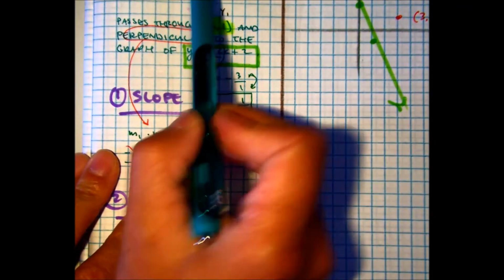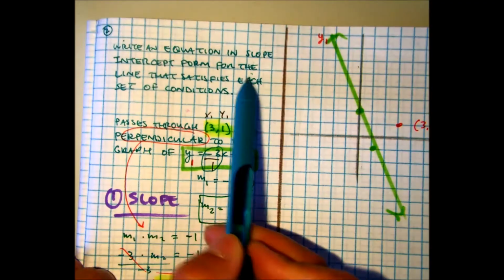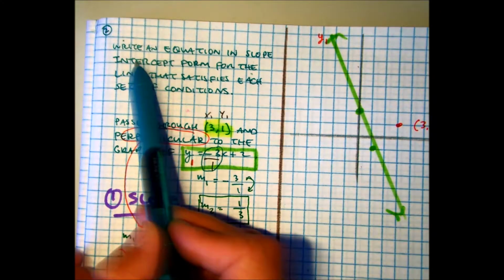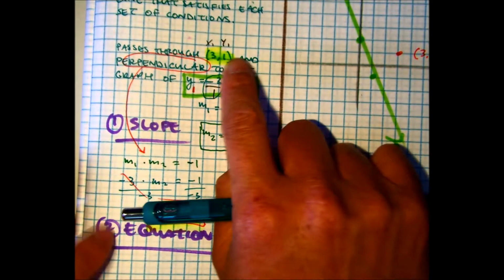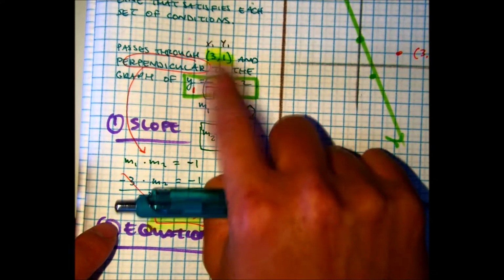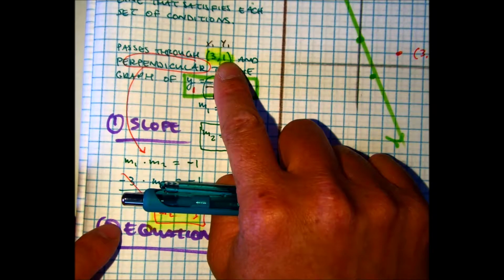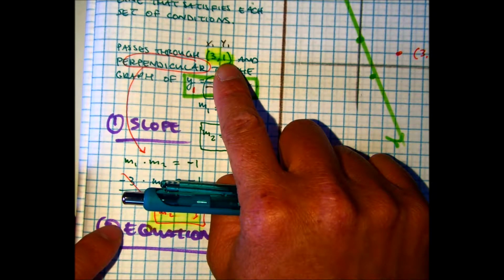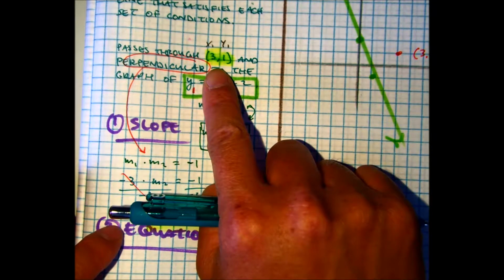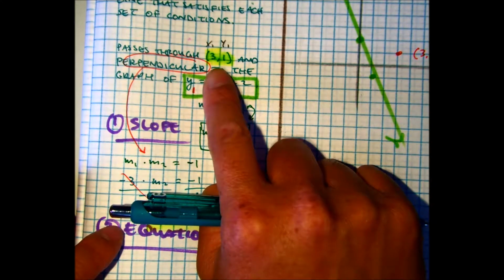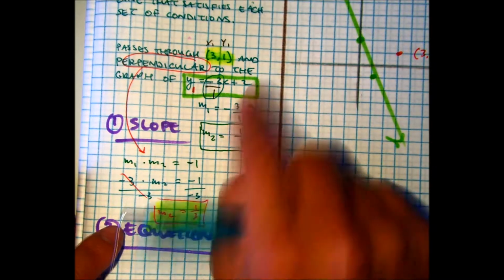Okay, our answer is supposed to be in slope-intercept, right? But remember, Sean, what is this? Is it a y-intercept? This is a point, and this is a slope.